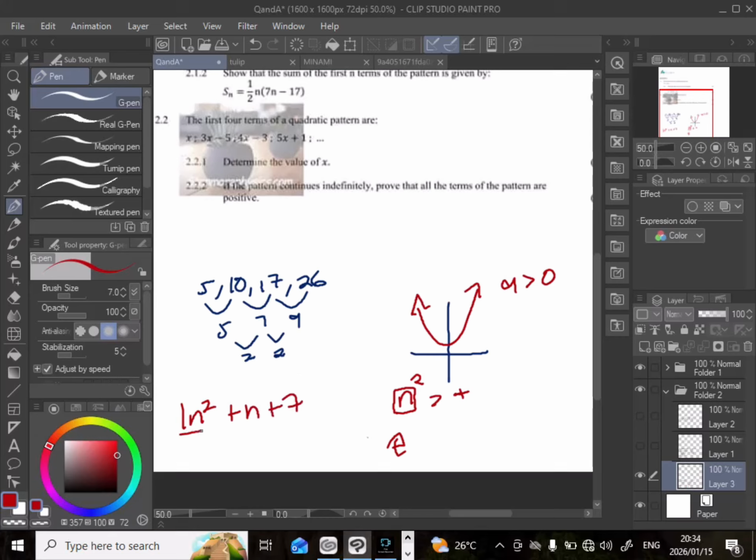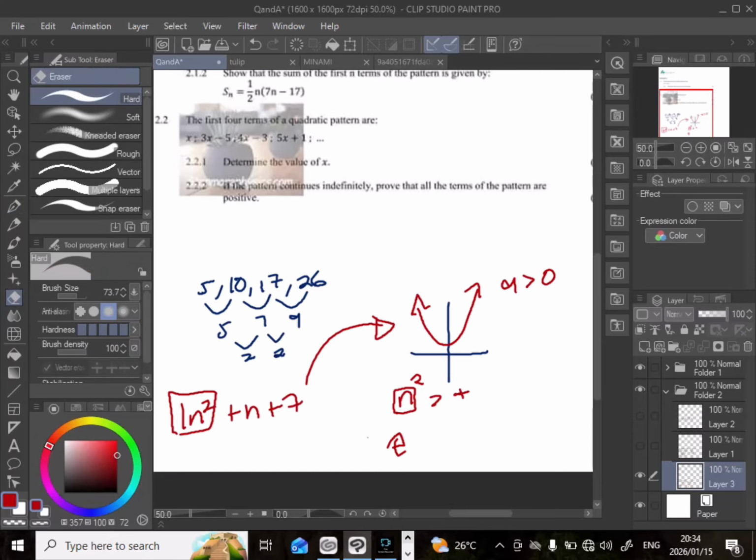It must be positive, which means it is a graph on the positive y-axis which increases or goes towards the positive y-axis. So now we have to find the general formula of this pattern.